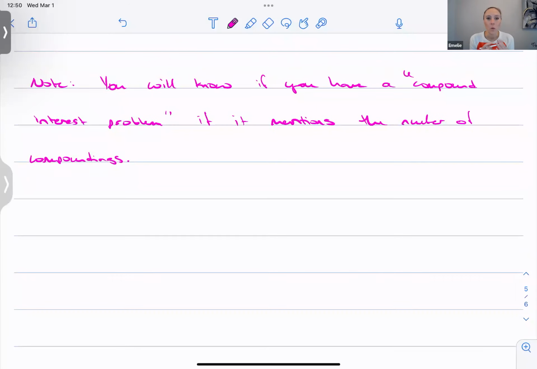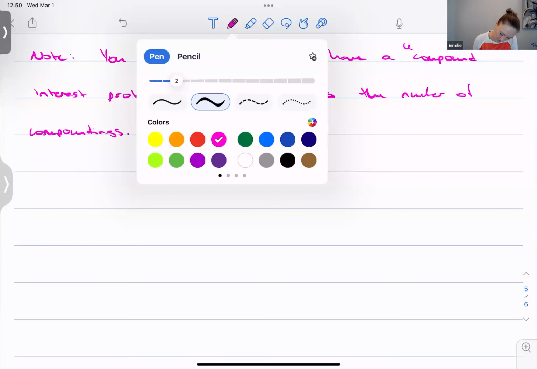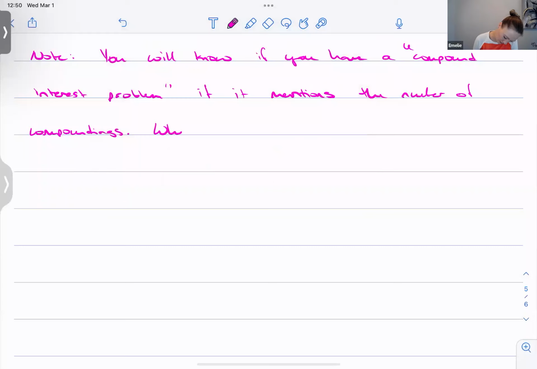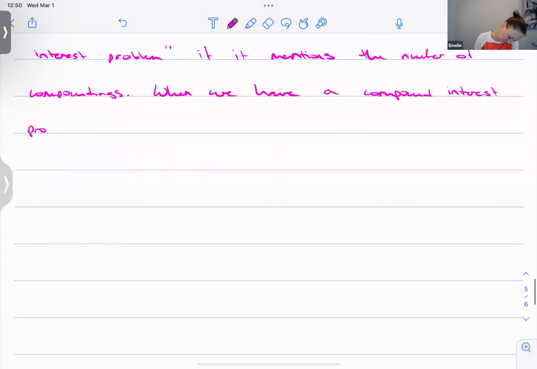When we have a compound interest problem, we have to do two things. First thing, find the number of compoundings.